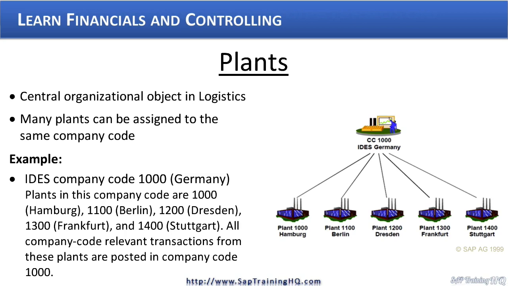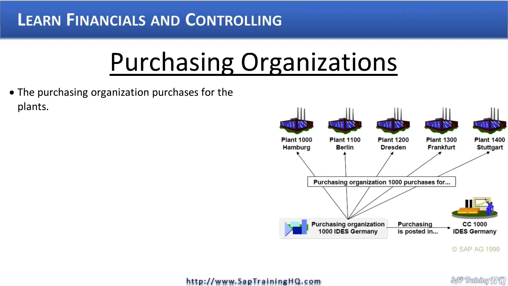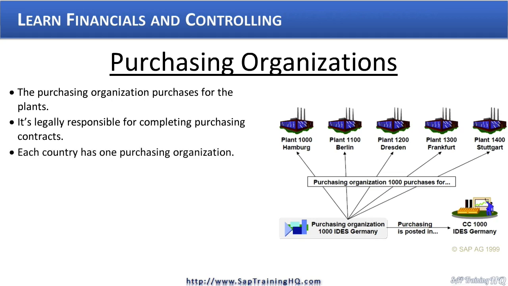Now let's go and take a look at purchasing organizations. The purchasing organization purchases for the plants. It's legally responsible for completing purchasing contracts. Each country in which IDES plants operate has one purchasing organization. They purchase for all plants in the country and post the purchases in the company code of that country.